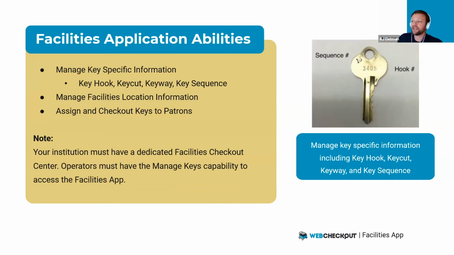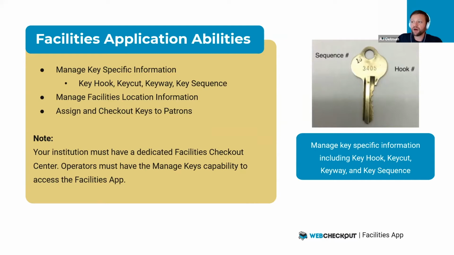You can also assign and check out keys to patrons. And most importantly, as we understand this information is highly sensitive, all key-related information is only accessible from the Facilities app, and operators must be granted the Manage Keys capability to access this app and key information.